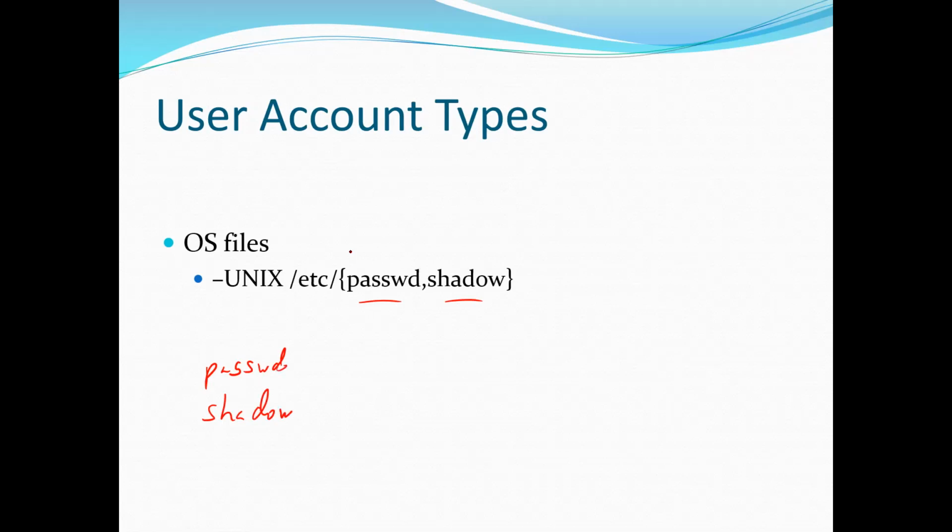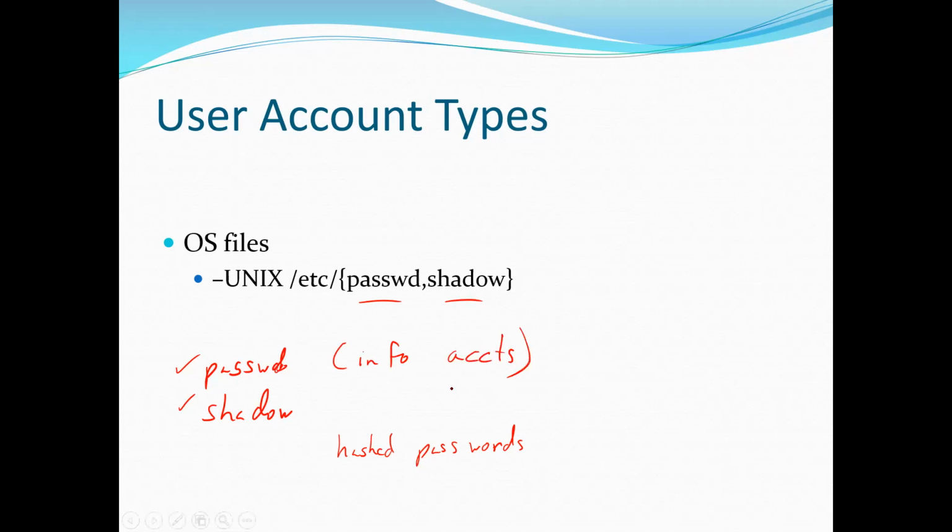These can be located in the etc folder, which, as you know by now, is the folder where you have configuration. The reason you have two files is that shadow is usually where you have the hashed passwords, and in passwd is where you have the information about the accounts.